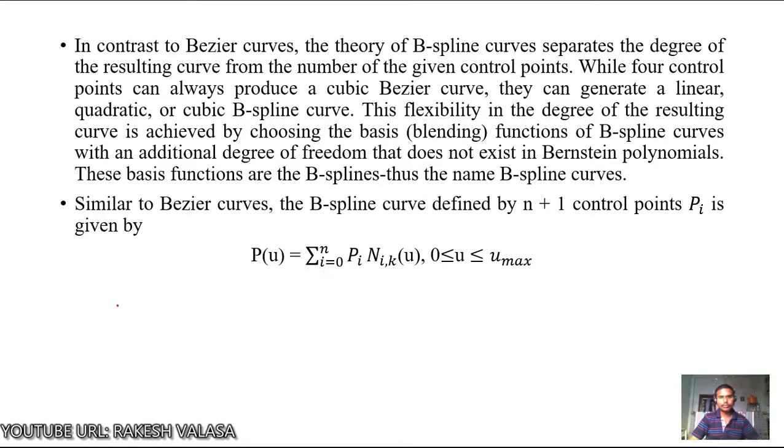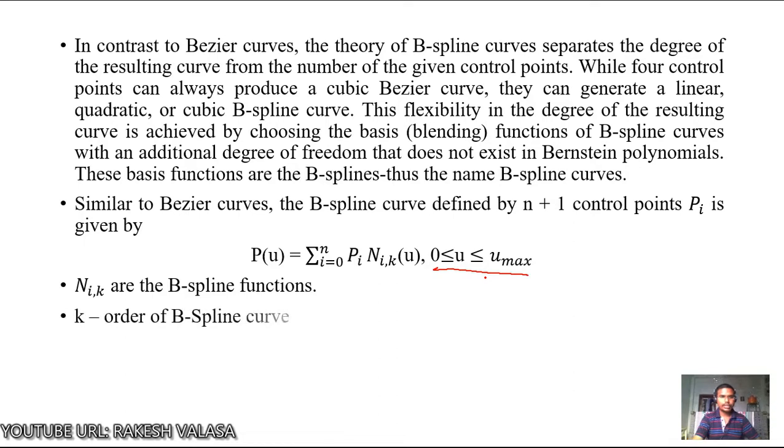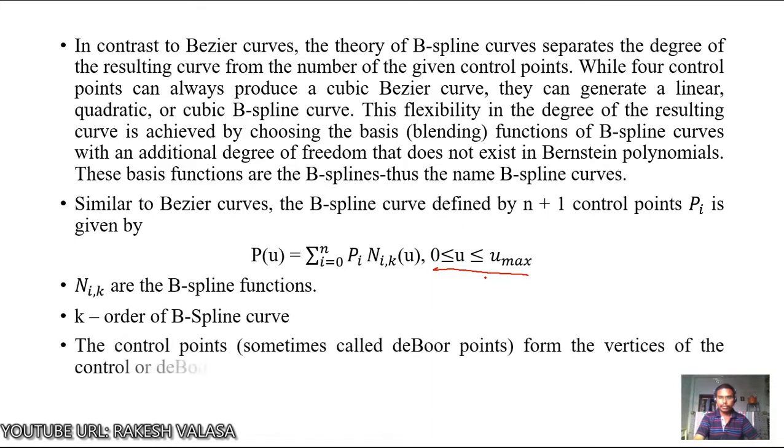Here u minimum is 0, so 0 less than or equal to u less than or equal to u max. Here N_{i,k} are the b-spline functions, where k is the order of the b-spline curve and n is the number of control points. Here the control points, sometimes called de Boor points, form the vertices of the control polygon, the de Boor polygon.